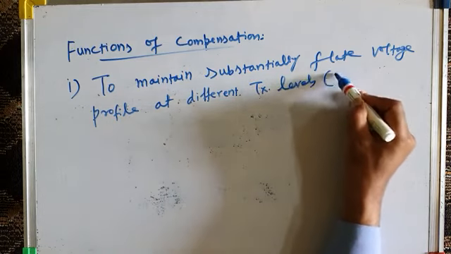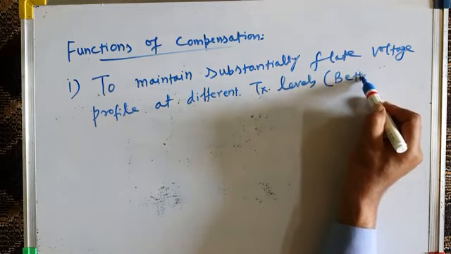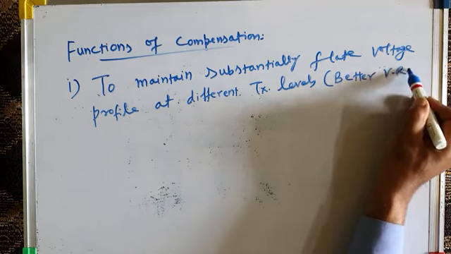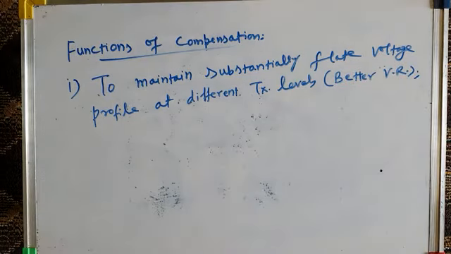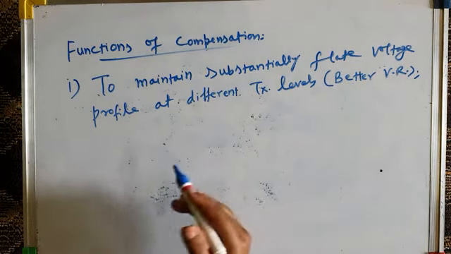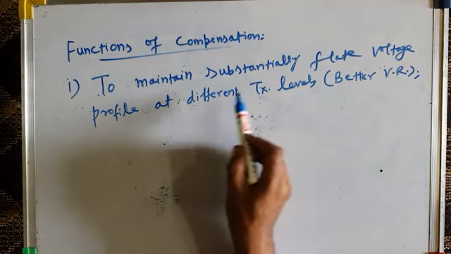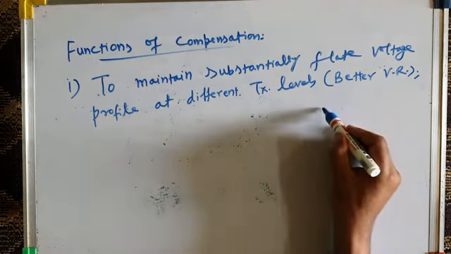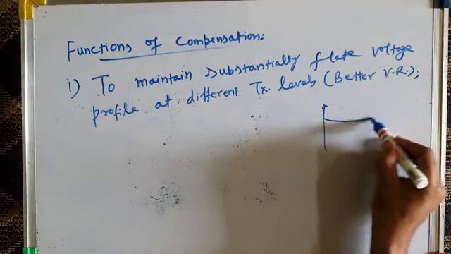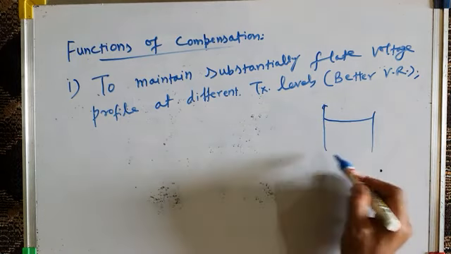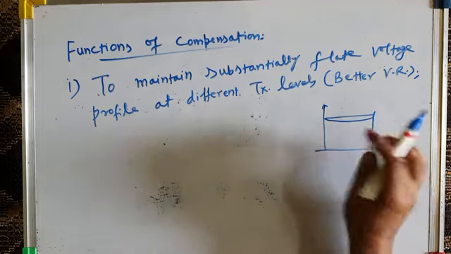That means it results in better voltage regulation, better VR. VR means voltage regulation. Just a few moments back, we have proved through the phasor diagram that compensation improves the voltage profile of the system. If your voltage profile without compensation is like this, compensation improves it. It makes it constant like this.